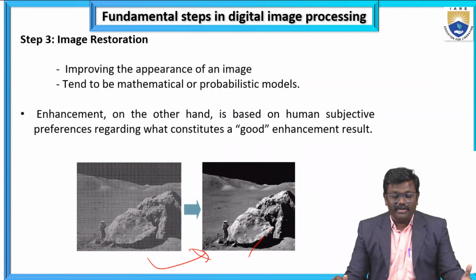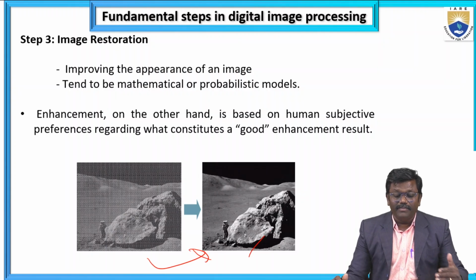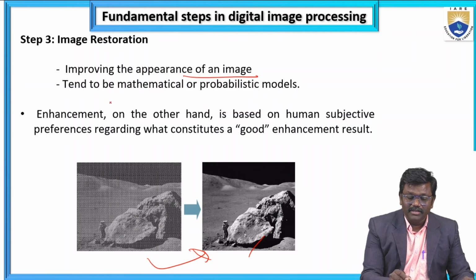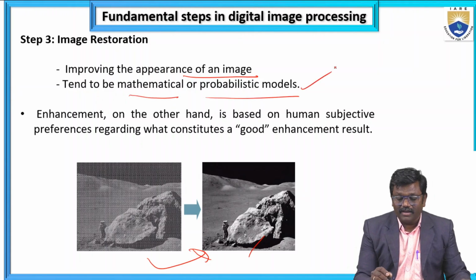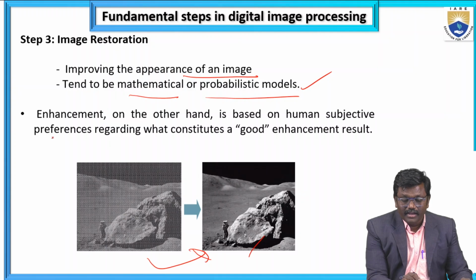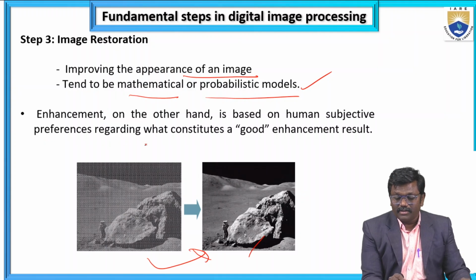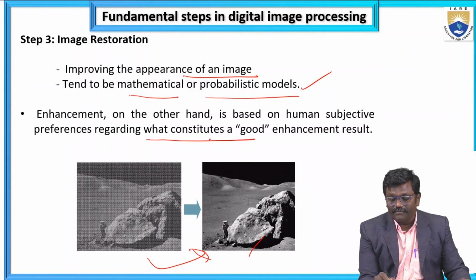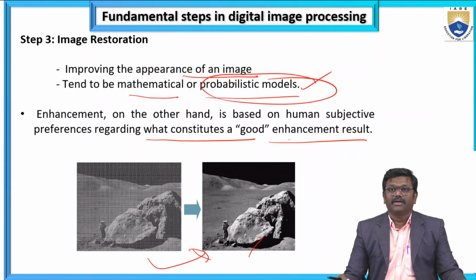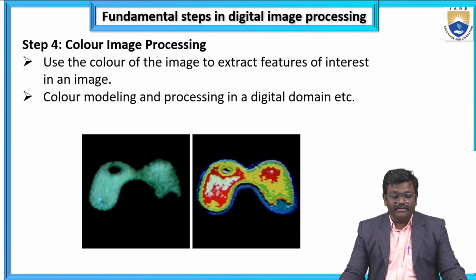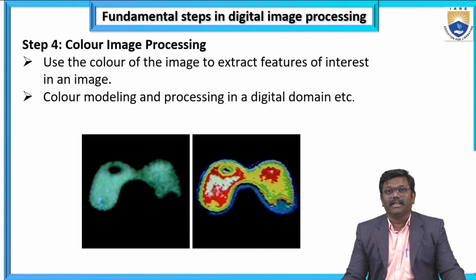What I mean is that the improvement of the appearance of an image uses mathematical or probabilistic models, so you are prepared regarding what constitutes a good enhancement result through these models.